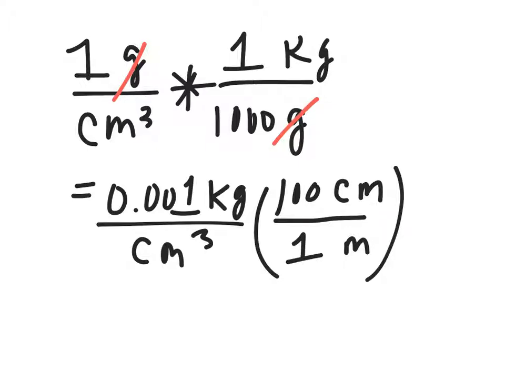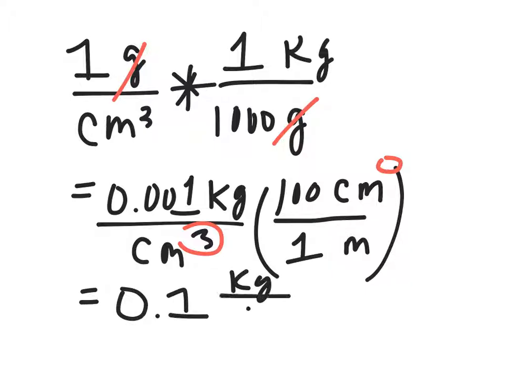So if I do this math, my exponents here don't cancel out. I've got a 1 and a 3. So when I do this math, I'm going to get 0.1 kilograms per centimeter squared times meters. So I got rid of one of the centimeters in the denominator, and I added my meter unit into the denominator, but I've got to get rest of these centimeters squared. So instead, what that means is I've got that conversion 3 times.